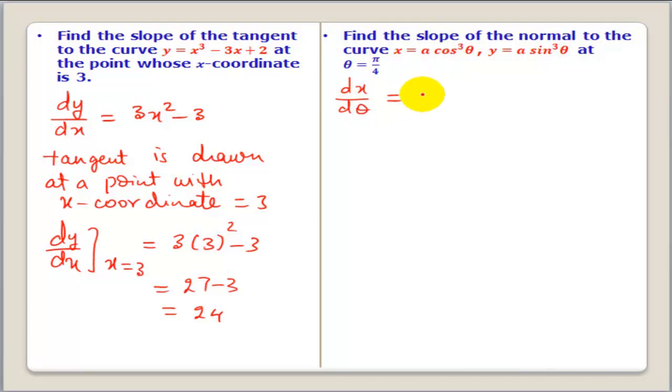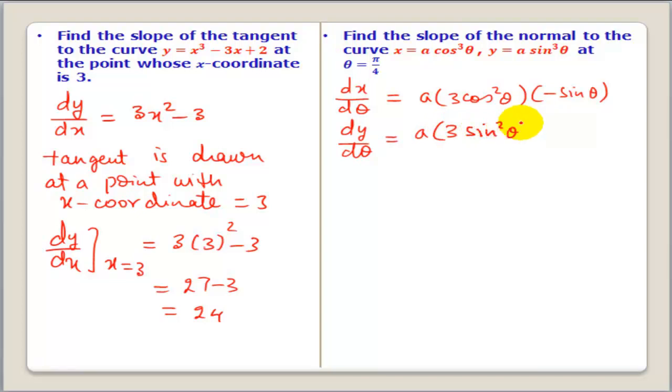Derivative of cos cube theta will be 3 cos square theta, and then the derivative of cos theta will be minus sin theta. In the same manner, the derivative of y with respect to theta will be a times the derivative of sin cube theta, which is 3 sin square theta, and then the derivative of sin theta is cos theta.